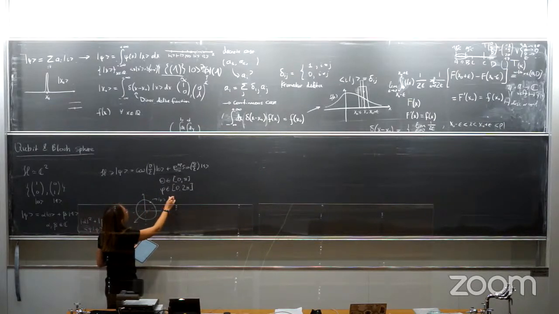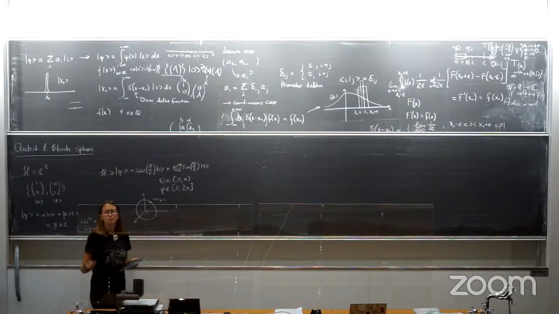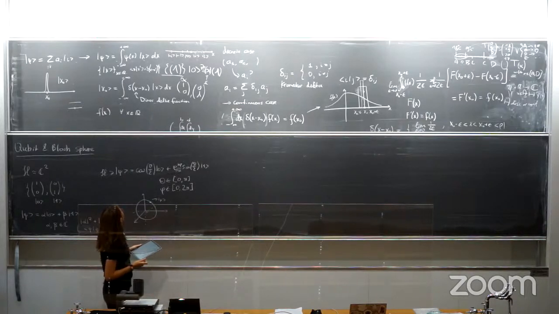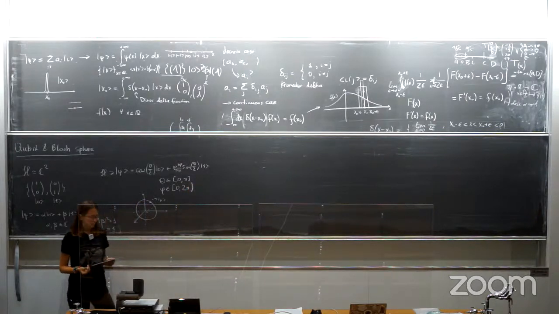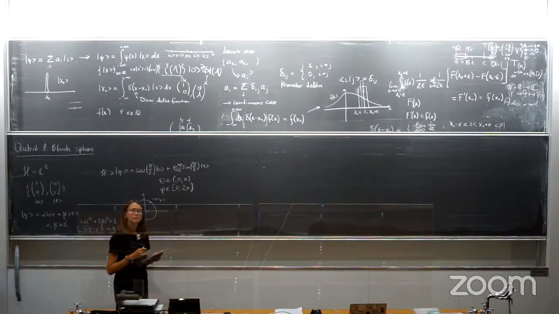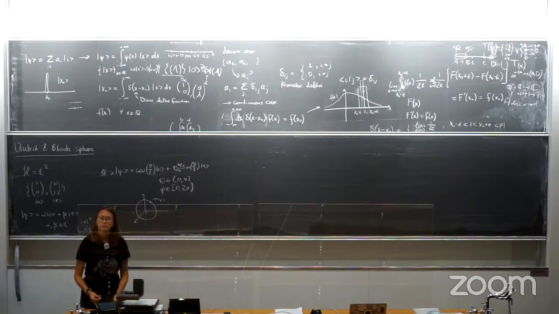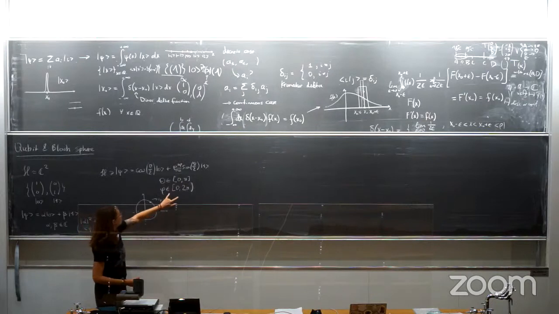For phi, we don't have to include 0 and 2 pi because it's up to 2 pi anyway. And for theta, we need it. Yes, so here, I guess the correct way would be this. Why do you need pi in one and not 2 pi in the other, for theta and phi?